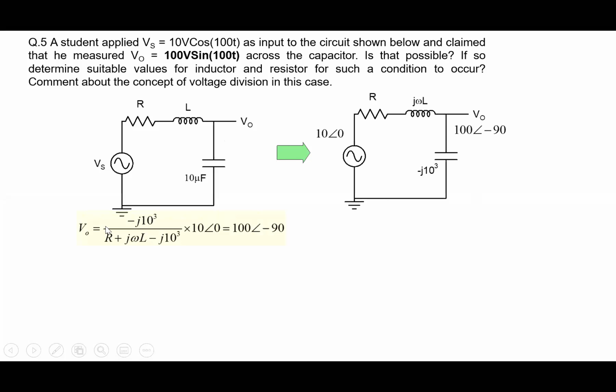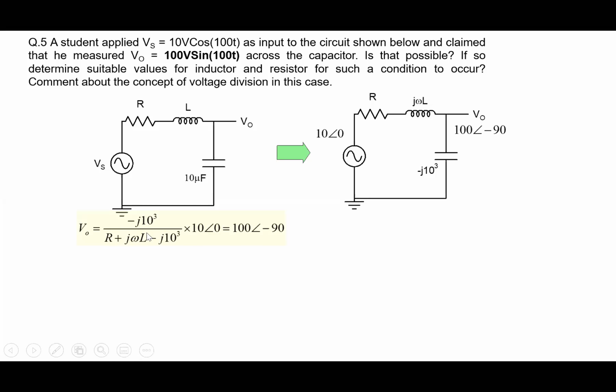So V naught we can write according to the voltage division that we have, minus j 10 to the power 3 and all that you see here. And note that the output is 90 degrees out of phase with the input that you see here.